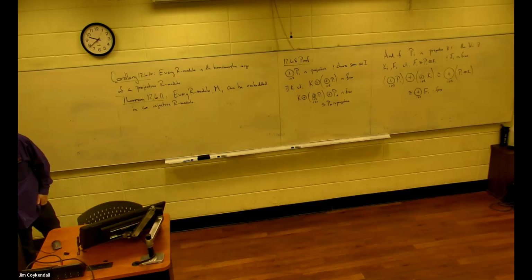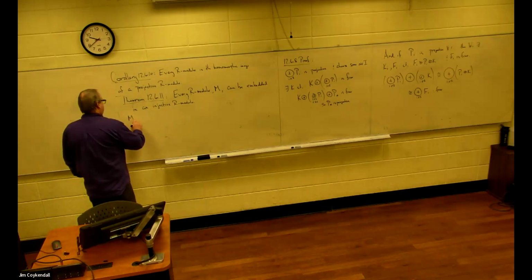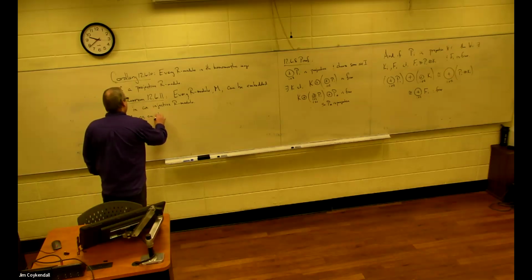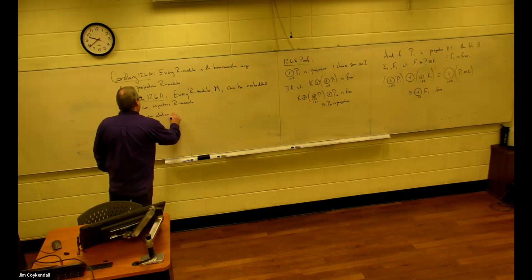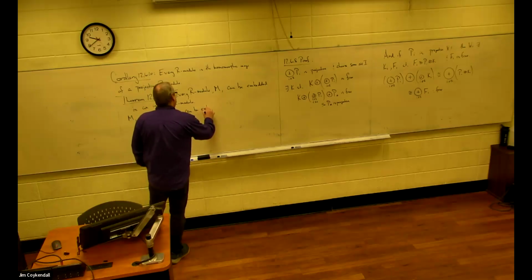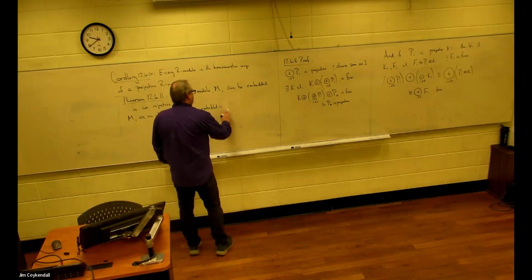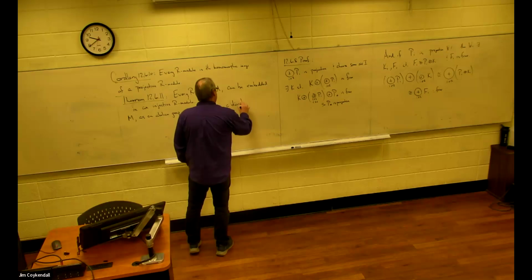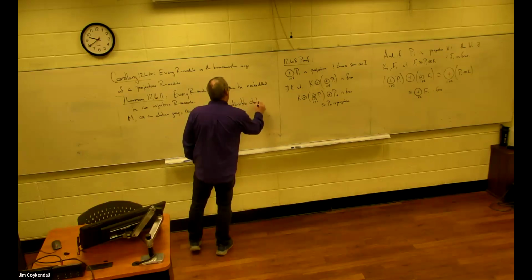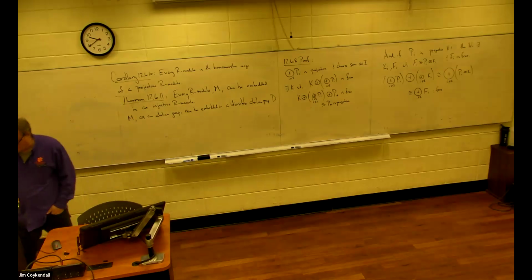Let me tell you how you might go about this. M as an abelian group can be embedded in a divisible abelian group D. And that's what one of your homework problems will get for you.